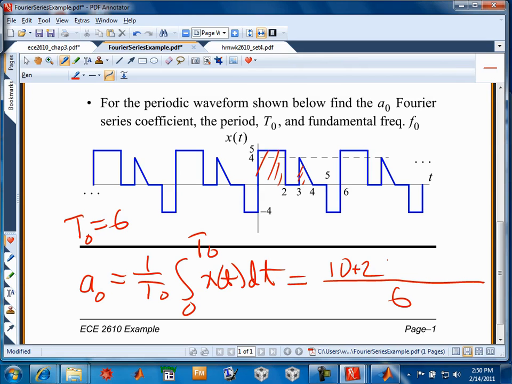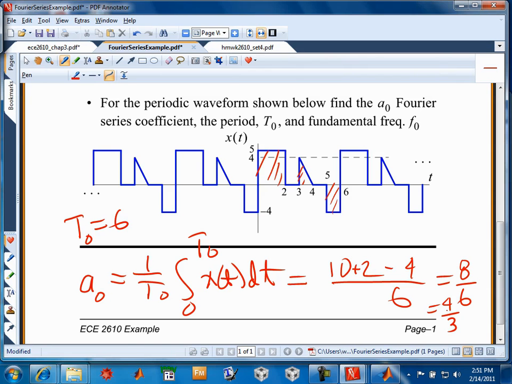Somebody said negative. Okay, so it's -4 times 1 second, so it's -4. Is that it? Are those all the terms? So we got 12 minus 4, and that's 8 over 6, or 4/3.